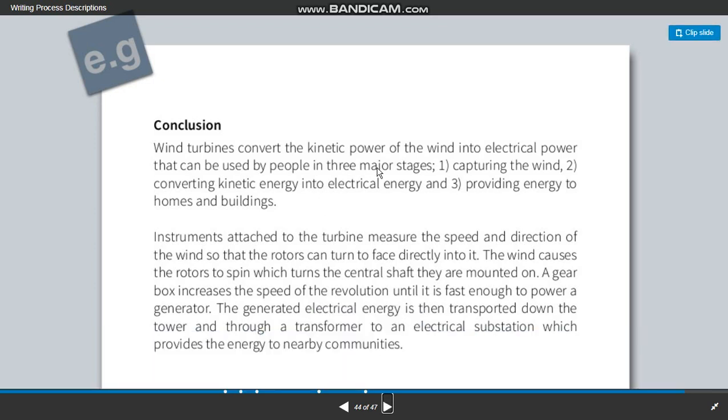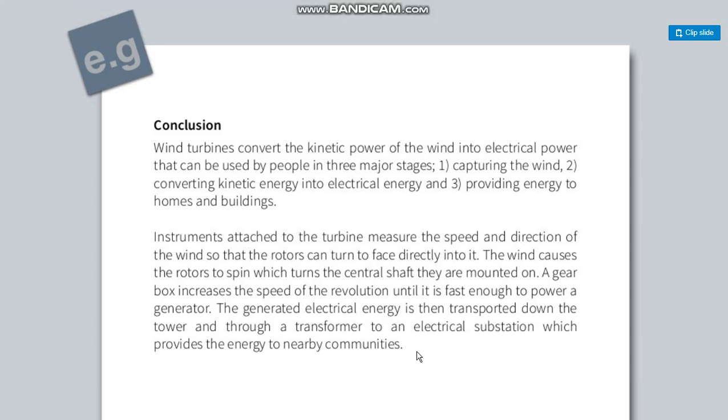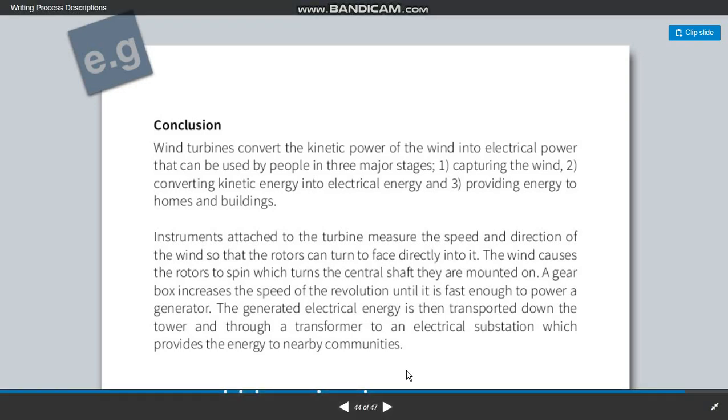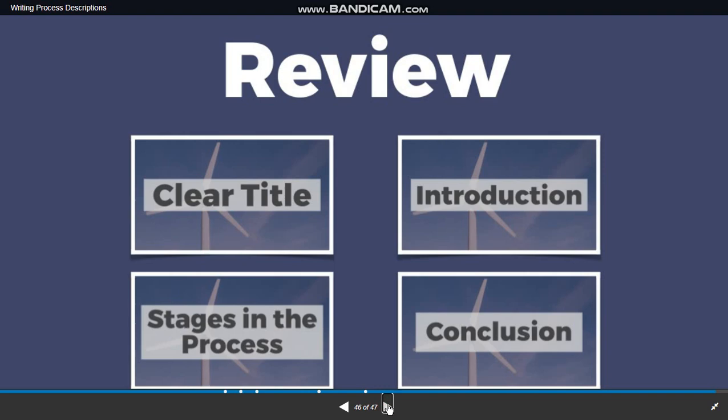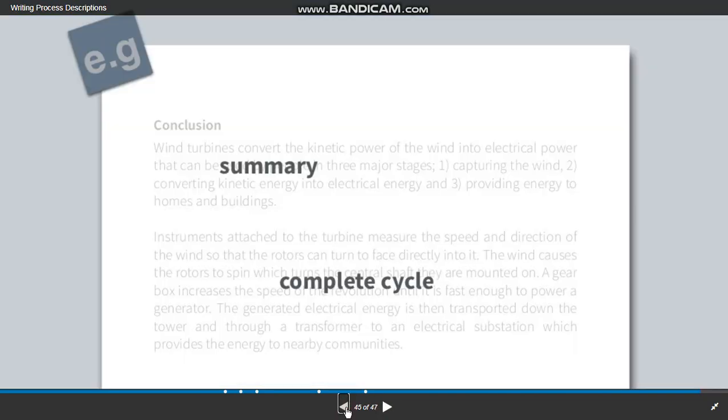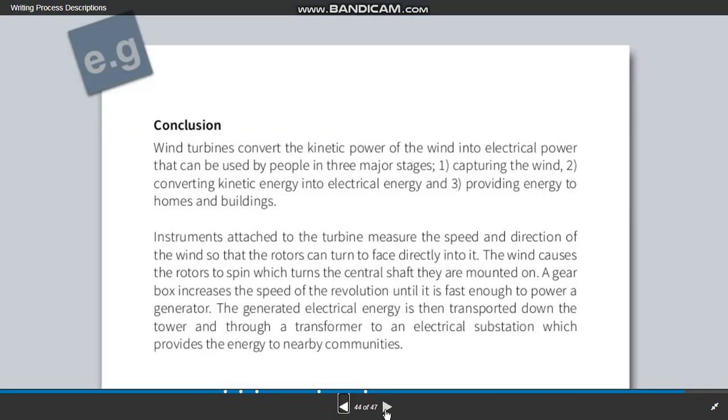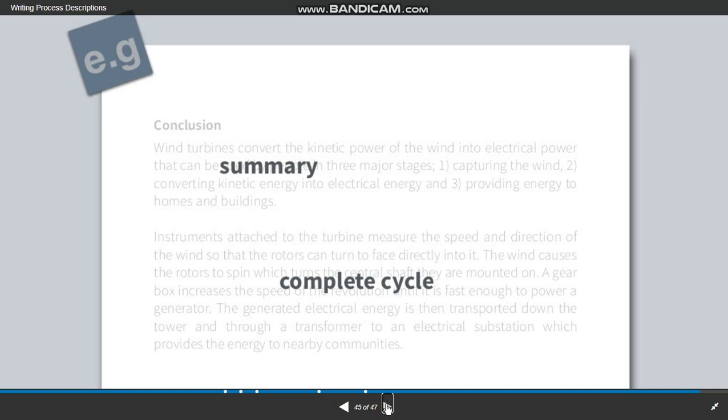It consists of two parts, if you pay attention. The first part and second part. If you have read, let's check. So, the first part is called summary, and the second part is called complete cycle.